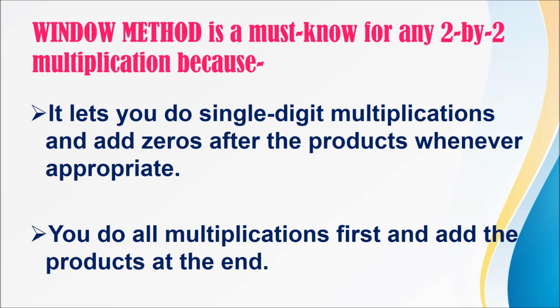So, there is no question of forgetting a carry forward or an addition step in between. You might have experienced that this often happens with the normal right-to-left multiplication method, which I showed in the previous video. Hope you are clear so far.